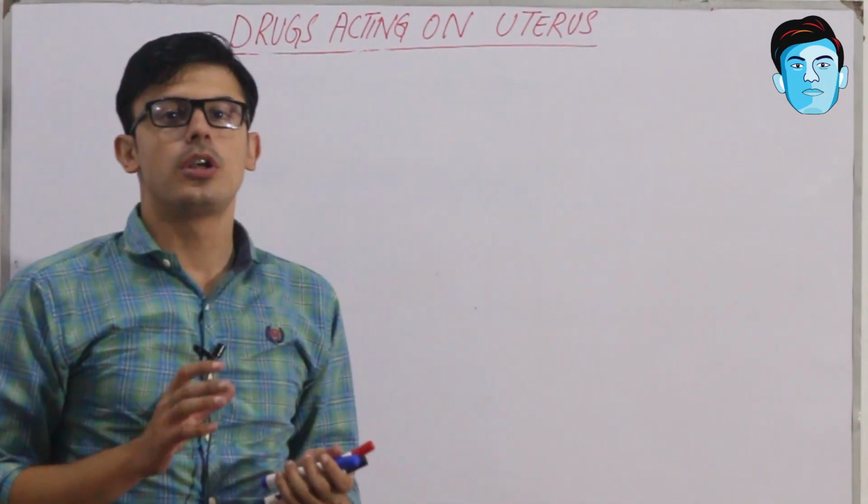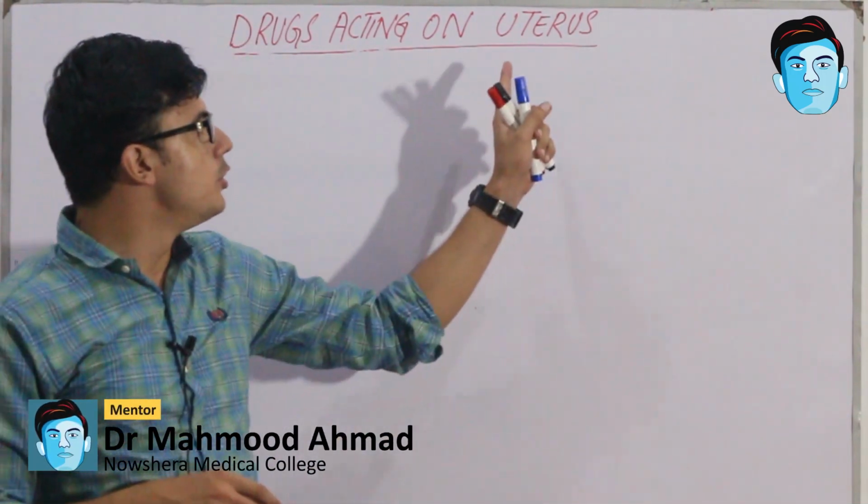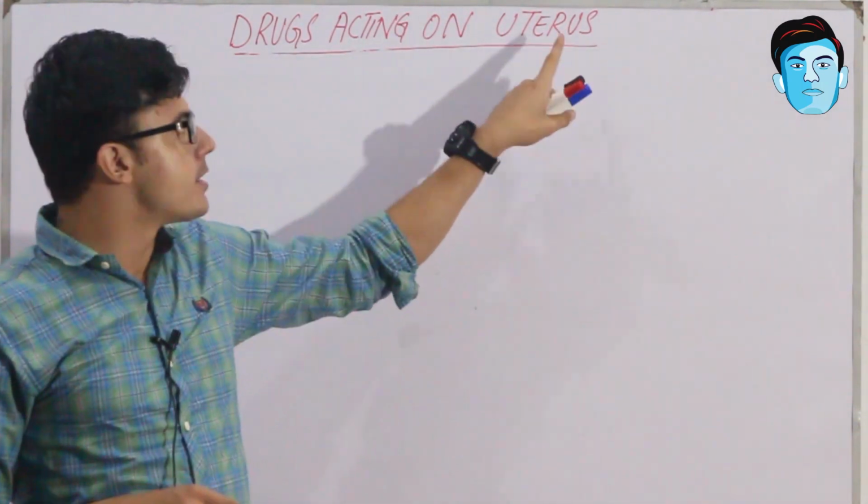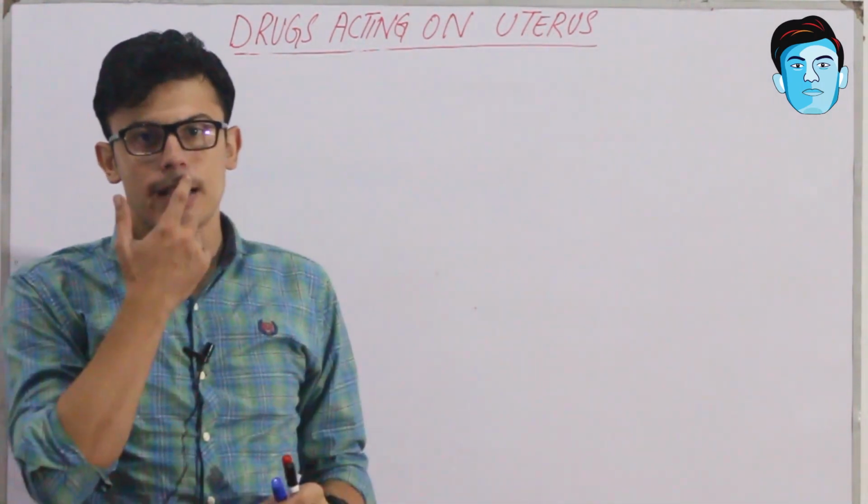So there are two types of drugs that act upon the uterus: they might excite the uterus, or they may relax the uterus.